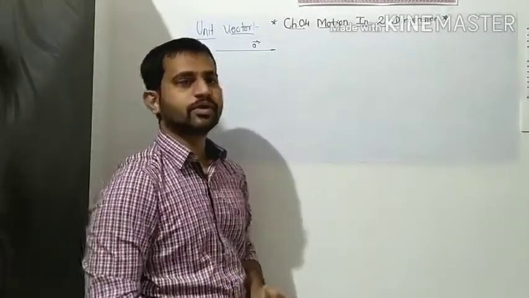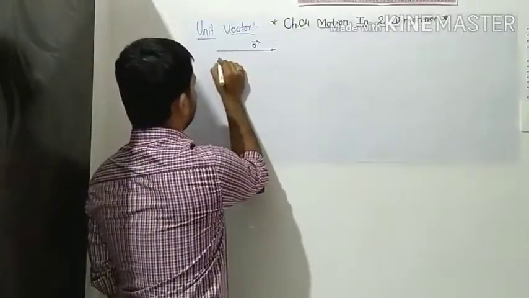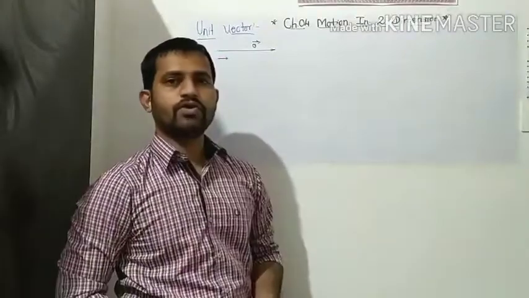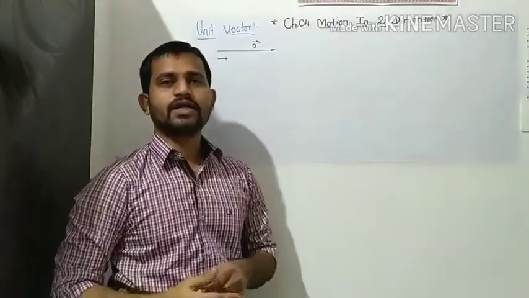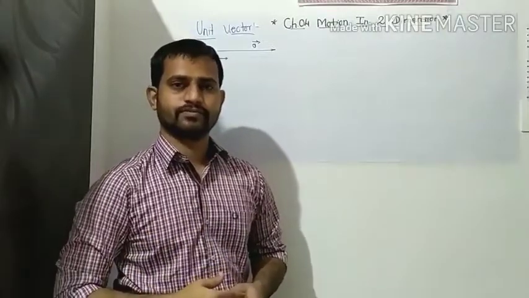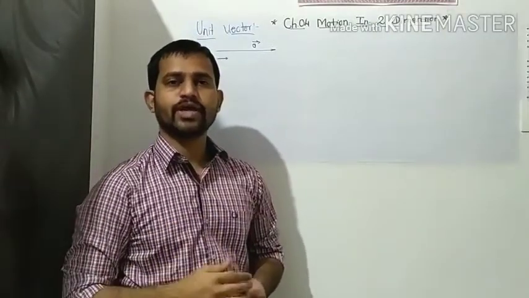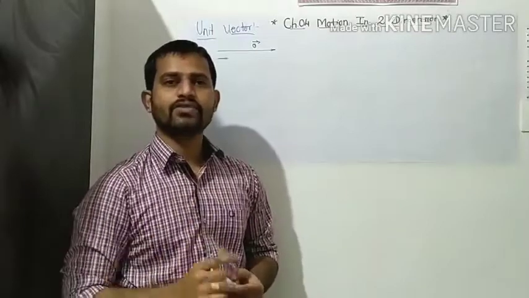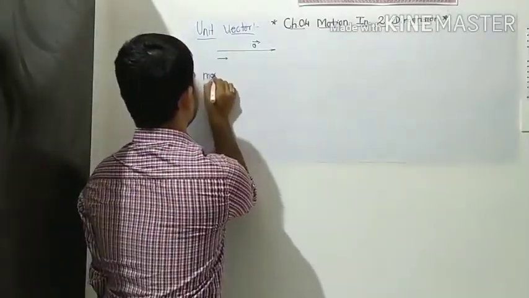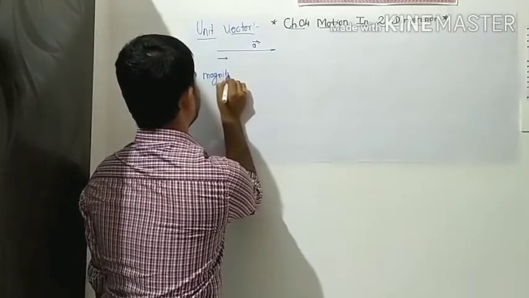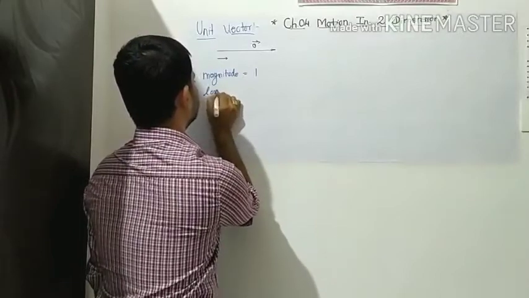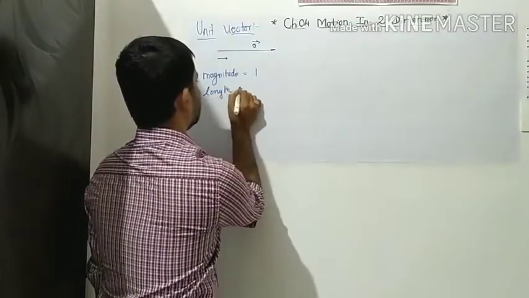Now suppose we draw one vector here such that it has a magnitude of one unit. It has a magnitude equal to 1 and length equal to 1.